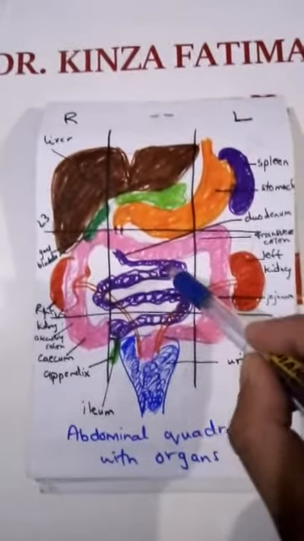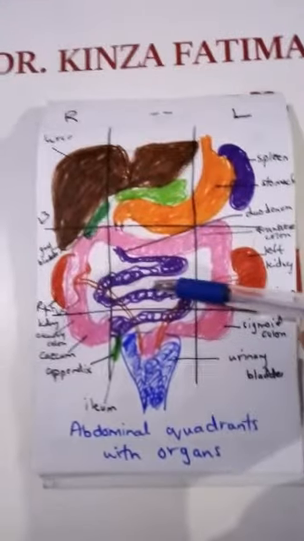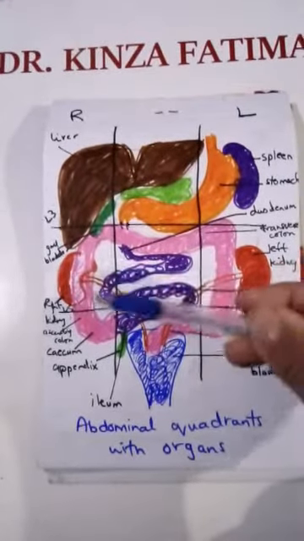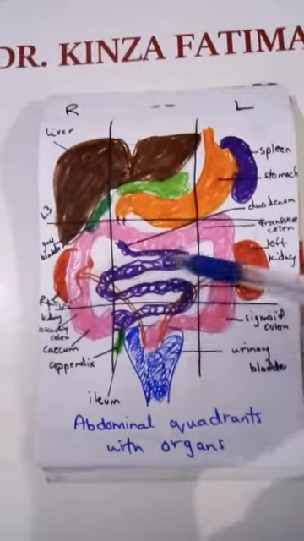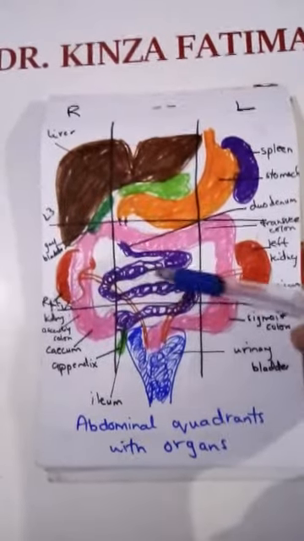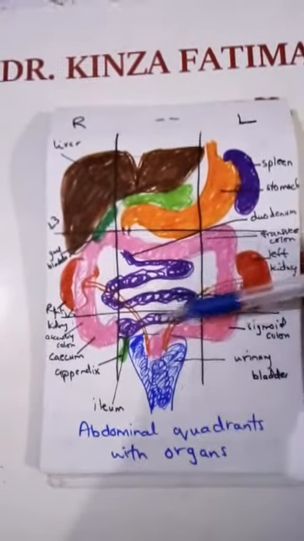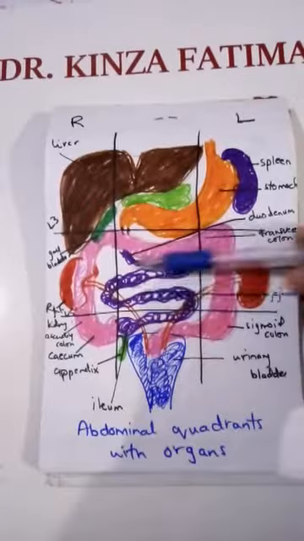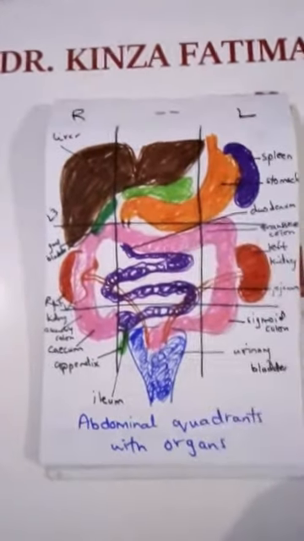The umbilical hernia is a situation in which the contents are transferred from a normal position to an abnormal position. For example, in the umbilical hernia, the contents will be loops of small intestine, because behind the umbilicus there are running the loops of small intestine. So the umbilical hernia consists of loops of small intestine.